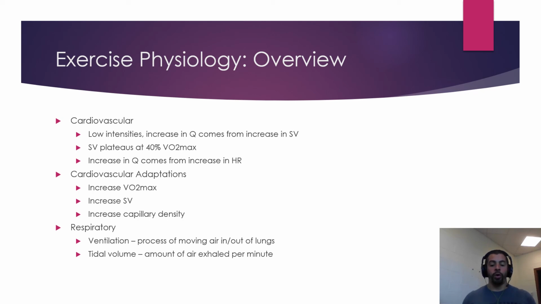And if the walls in our heart get thicker, it can stretch more. And if it can stretch more, like a rubber band, it can produce more force, and in this case, pump more blood. So that's an increase in stroke volume, and an increase in capillary density to increase an exchange. That's an increased blood exchange. That's another adaptation to endurance training.